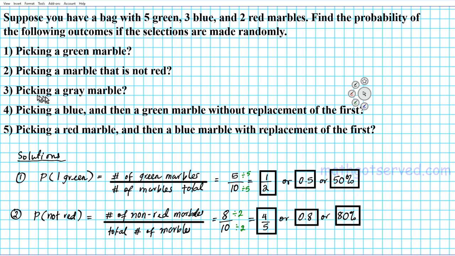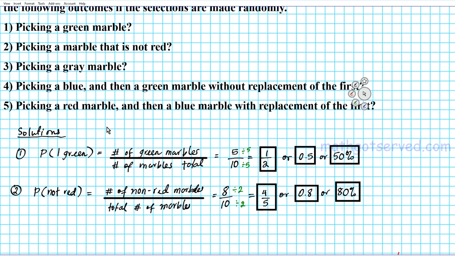What's the probability of picking a gray marble? So the probability of picking a gray marble is as follows. Probability of picking 1 gray marble is equal to the number of gray marbles in the bag divided by the total number of marbles in the bag.